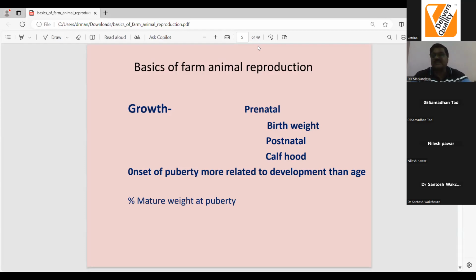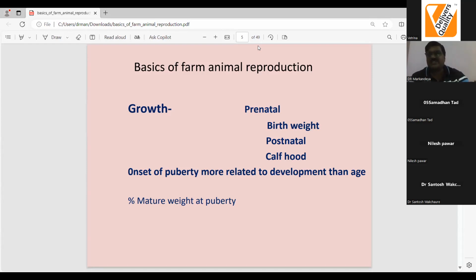And we expect the highest birth weight in case of calves. Maximum birth weight is more important because healthy calves will definitely have a better growth rate in life. Higher birth weight is expected. Many people feel that if the birth weight is higher, it will lead to a dystocia problem.